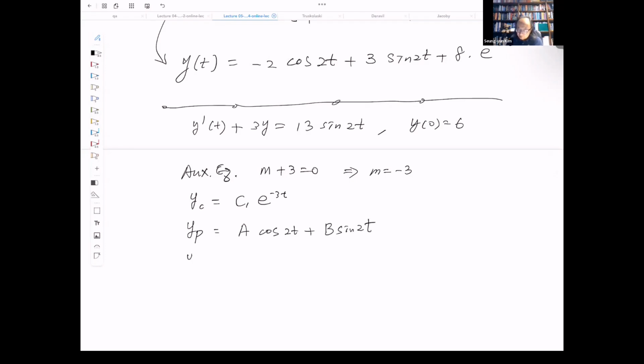Now we need to take the derivative of this: y_p prime equals negative 2a sine 2t plus 2b cosine 2t.